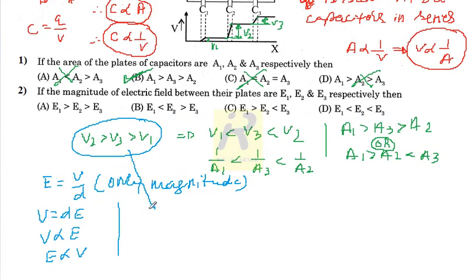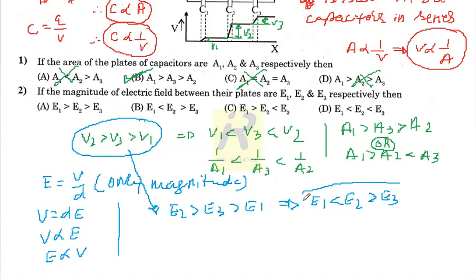So from this, what I can write is E2 is more than E3, more than E1. Otherwise, I can say E1 is less than E2, but E2 is greater than E3. So this much is the result I have.